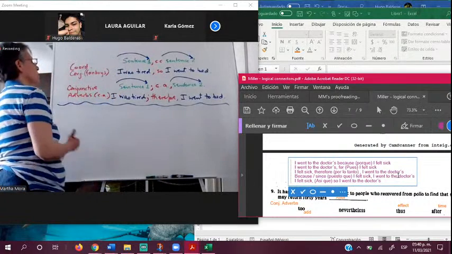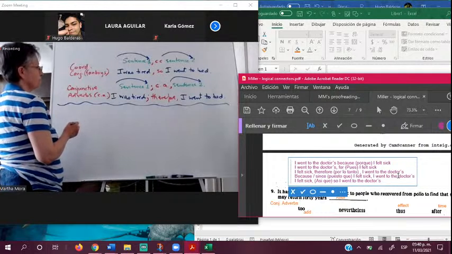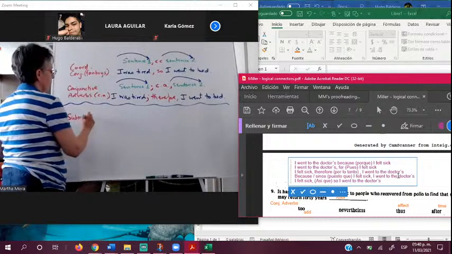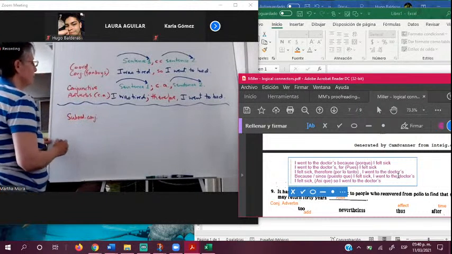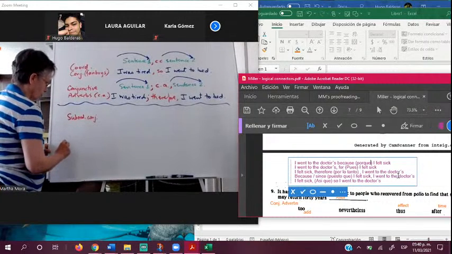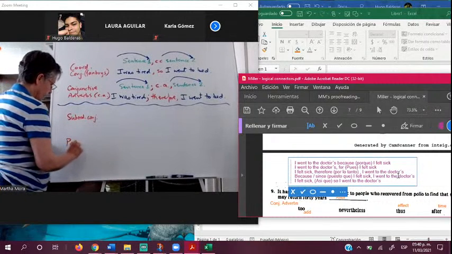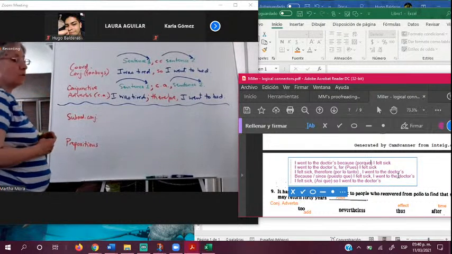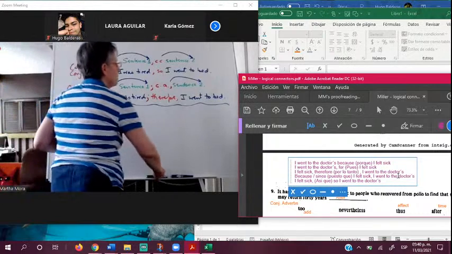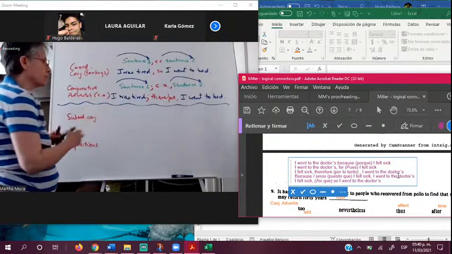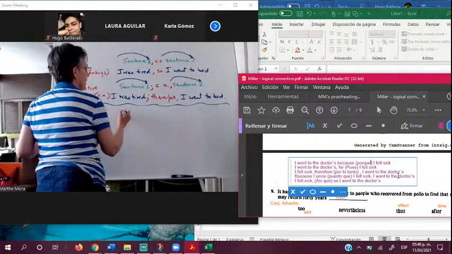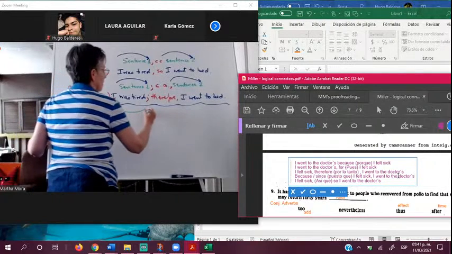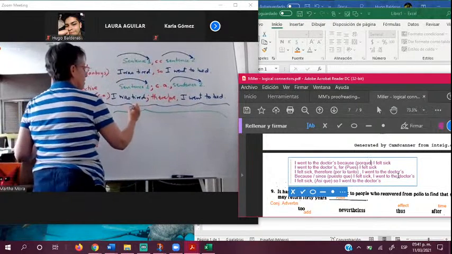Well, now we have the other two families. We have the subordinating conjunctions and the prepositions. And here we are going to have a different structure. What we have is only one sentence.